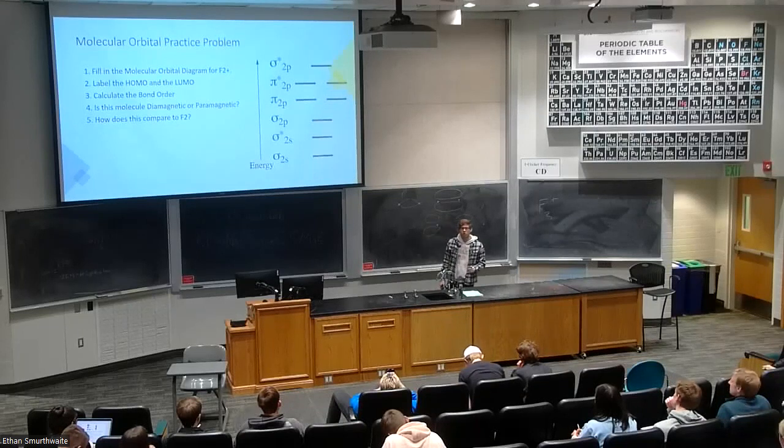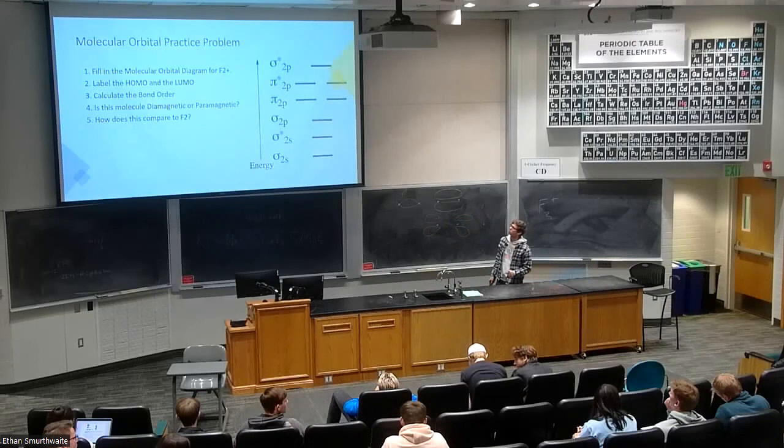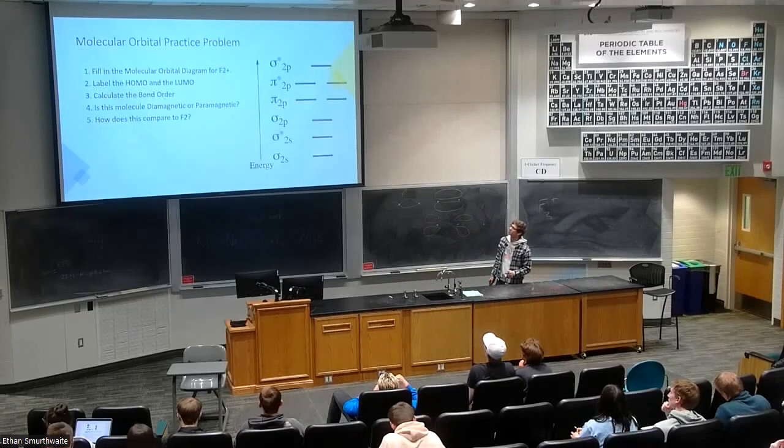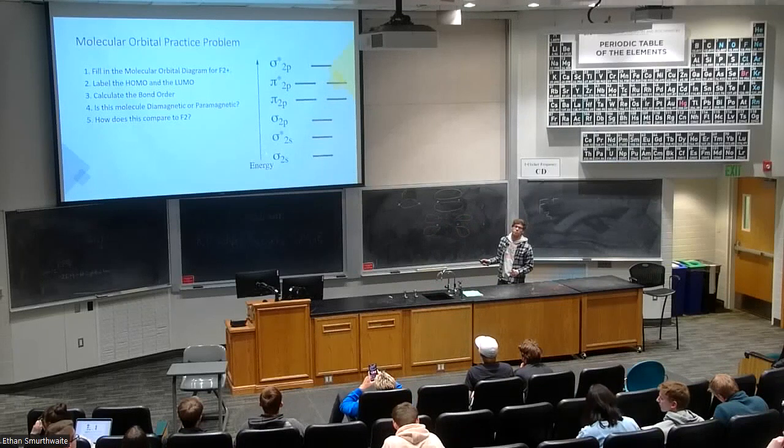The strongest and weakest bond? I would say that the sigma 2p would be, well, actually the sigma 2s would be the strongest bond.